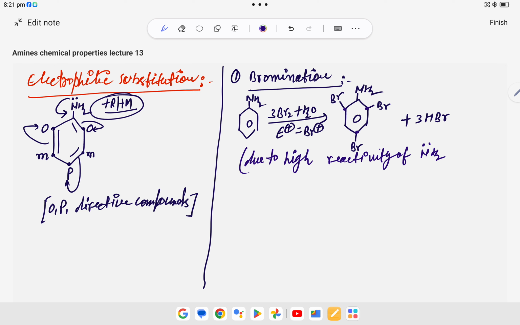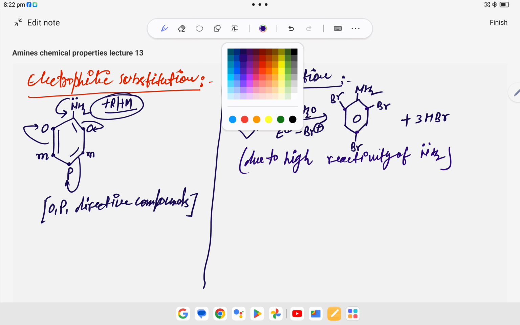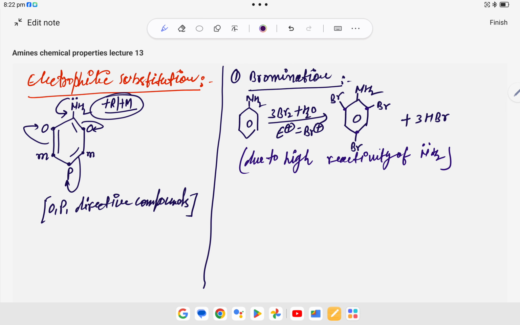This is happening because of the high reactivity of the NH2 group. If we want to form a monosubstituted compound in the case of bromination, then we have to perform acetylation.